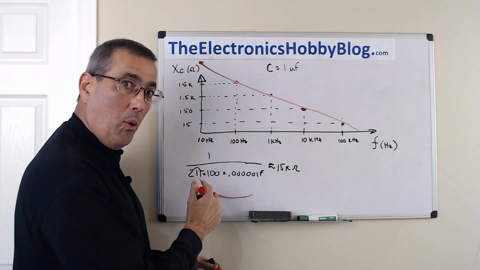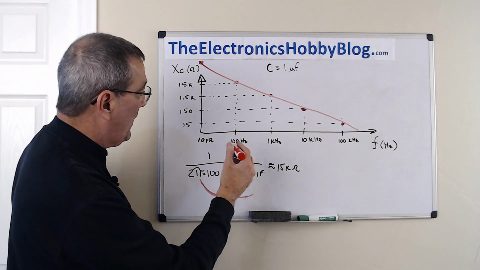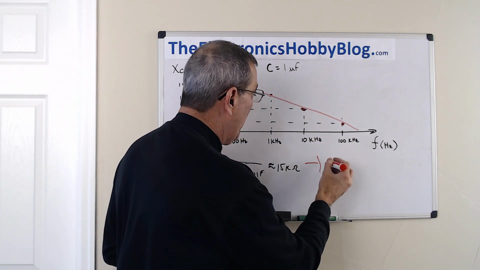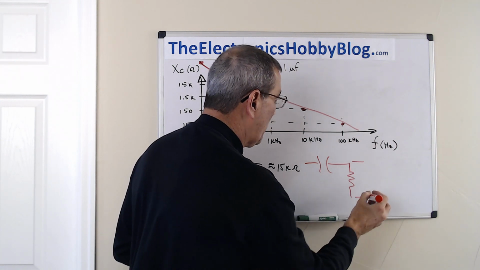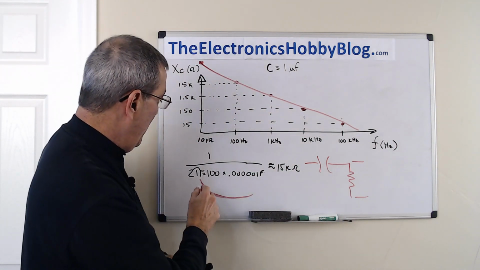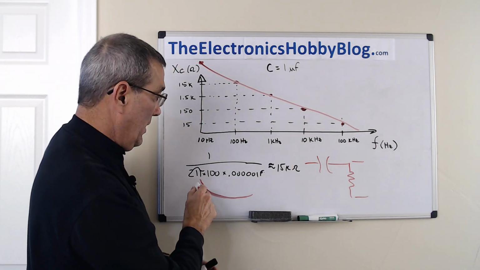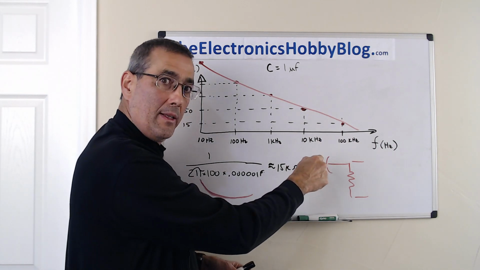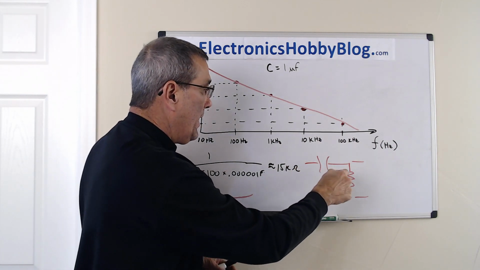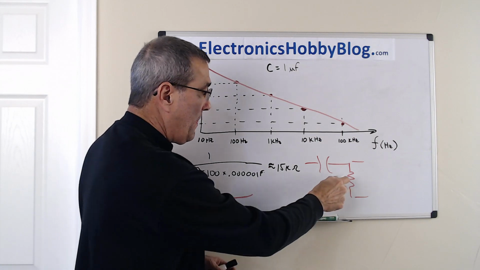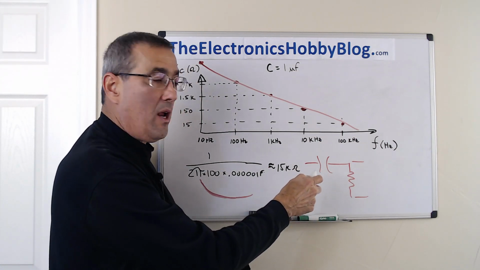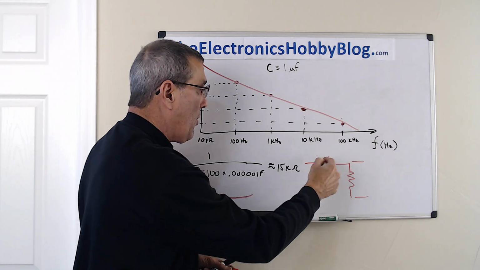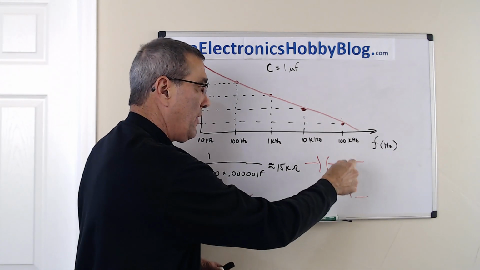And the reason that's important is because if we put the capacitor in series with a resistor and we measure the voltage across the resistor, then at low frequencies, the capacitor reactance, the impedance, is much, much higher than the resistance. So that means that the vast majority of our voltage is going to drop across the capacitor. Remember our voltage divider circuit.